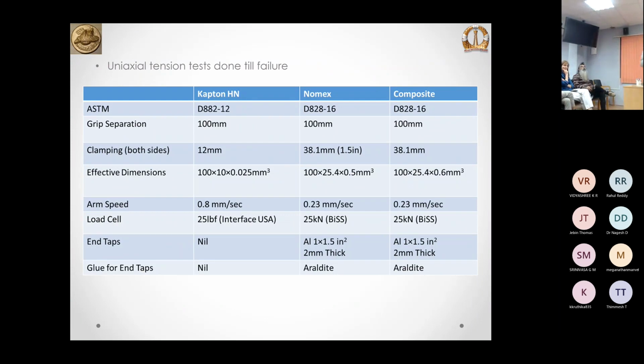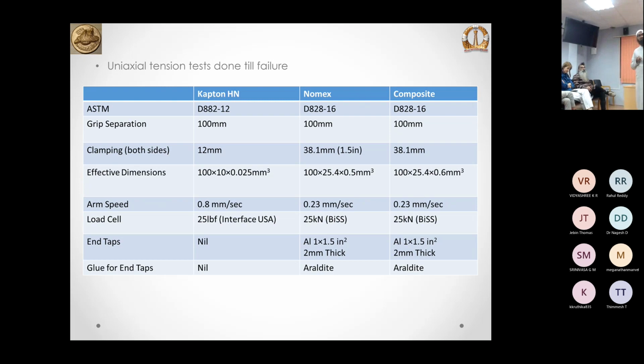Uniaxial tension tests are done till failure, following these ASTM standards: D882 for Kapton, D2816 for Nomex and composite. The sample dimensions for Kapton are 100 mm long, 10 mm wide and 25 micron thin.